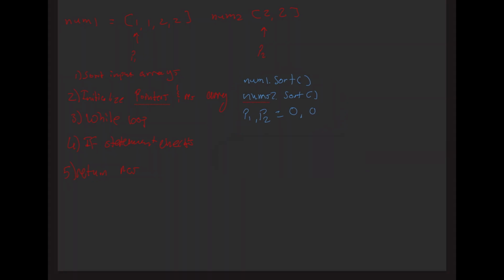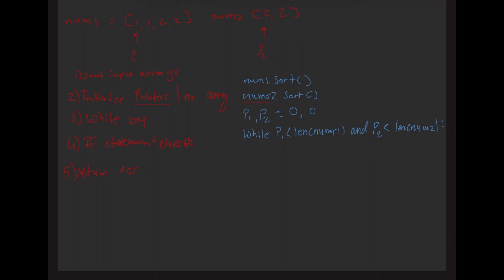So while P1 is less than the length of nums 1 and P2 less than the length of nums 2, make sure we're in bound. We have not exited out of these. So I'm going to just get rid of this.